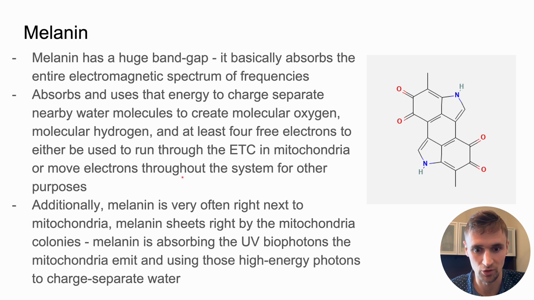And as we probably know, low-level chronic inflammation is a huge problem in all of the major chronic diseases, especially things like autoimmune disease. So this is a really important mechanism that I hope I was able to explain well.